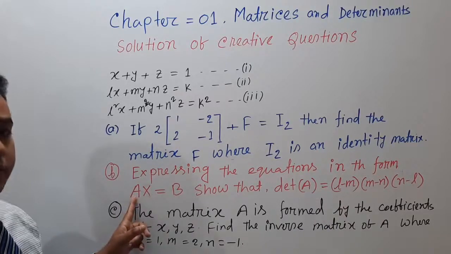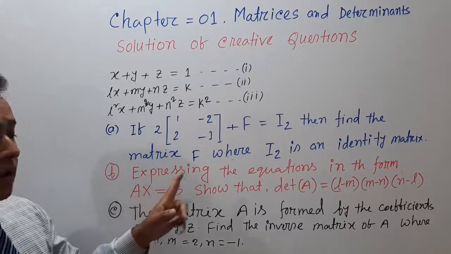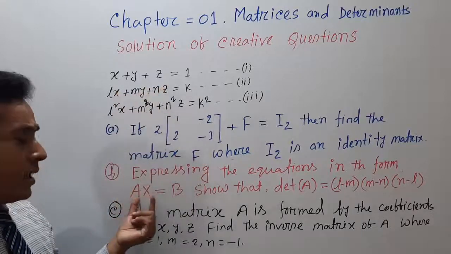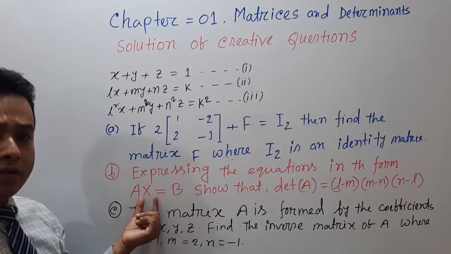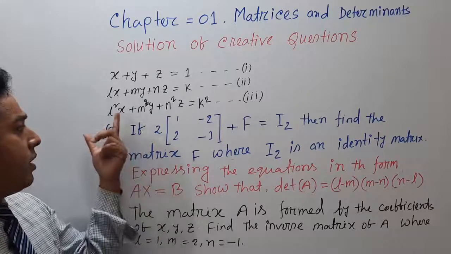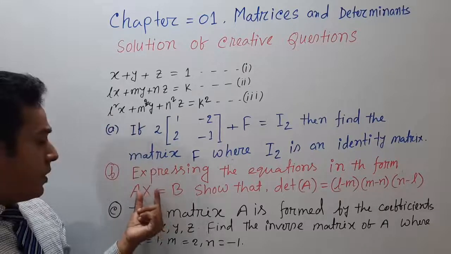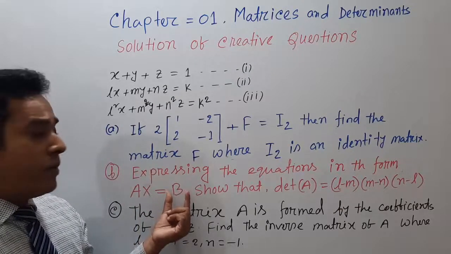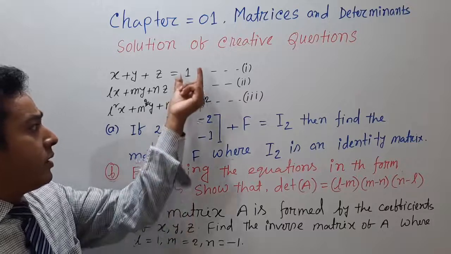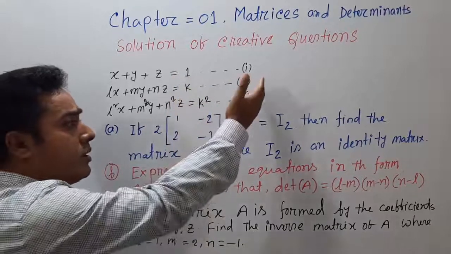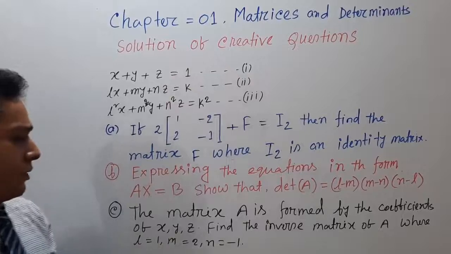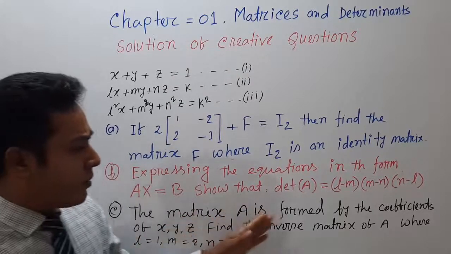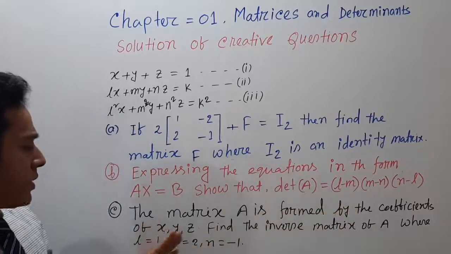Here A is a matrix created by the coefficients of x, y, z, and X is another matrix created by the variables x, y, z, and B is another matrix created by the constant terms of this system of linear equations.